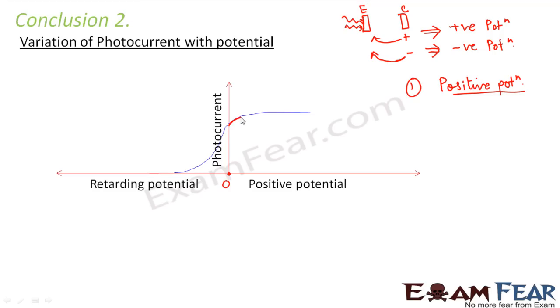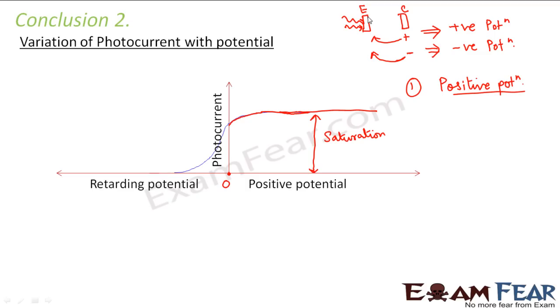As you can see, initially the photocurrent is increasing. But gradually, the current saturates. This is the saturation level. Beyond this, the current is not increasing. Even though the potential keeps increasing, the current remains the same. Why does this happen? Because this is also a metal, so it has some fixed number of electrons.